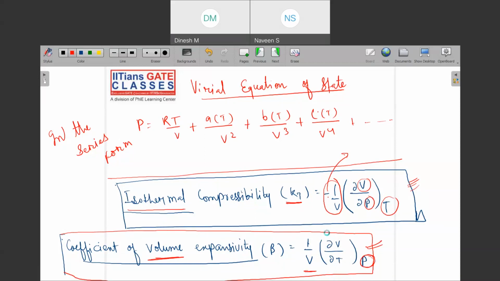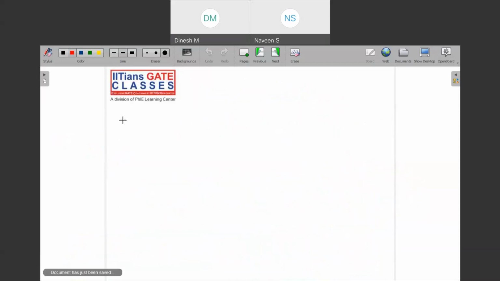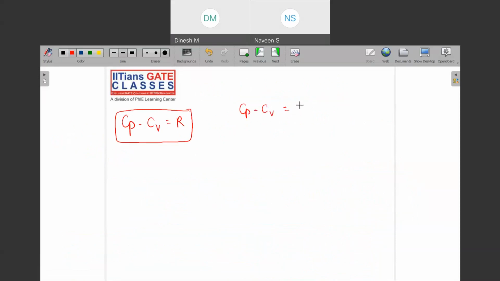Okay. And then we have seen earlier that Cp minus Cv is equal to R. Here there is again one derivation, Cp minus Cv, which becomes equal to T into V into beta, which we have just seen, upon Kt. Okay. So this is called Mayer's equation.